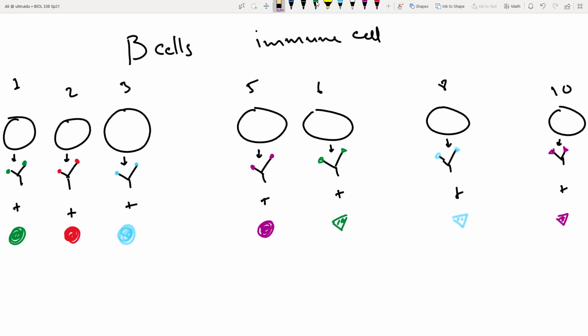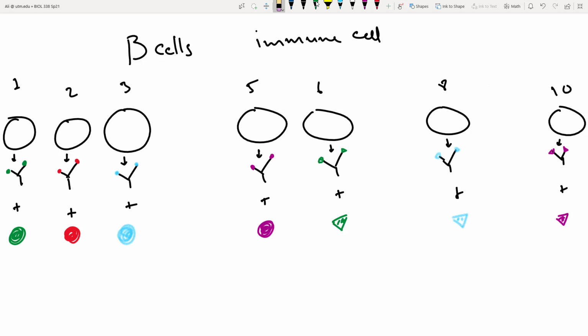Initially, these B cells are in an inactive state, and we're not going to go into B cell activation and the immune response, but to get a lot of antibody made, all you have to do is put the antigen into the organism. And that specific B cell will become activated and start producing the antibody against that antigen.